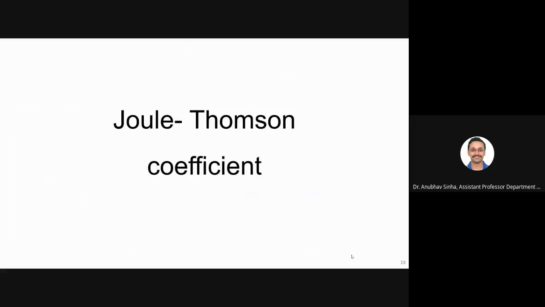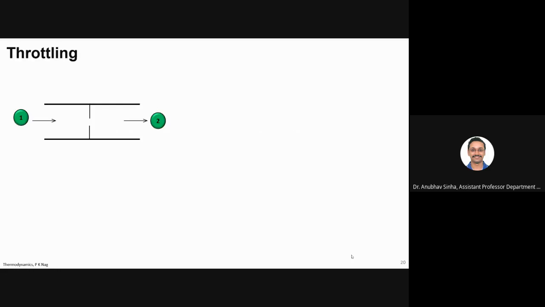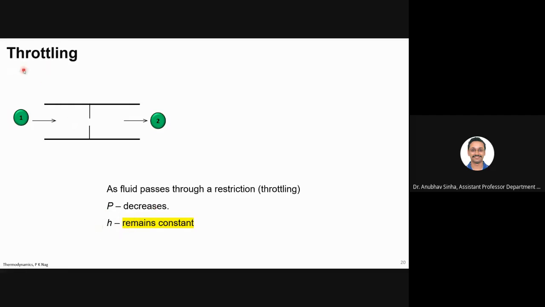So moving on. Now let us talk about the Joule-Thomson coefficient. Someone asked a question when we were talking about refrigeration, so hopefully now you will get what you have asked for. Throttling, as we have already seen, basically we are passing the fluid through a constricted passage. What happens is your pressure decreases, and the important aspect of throttling is that enthalpy remains constant.